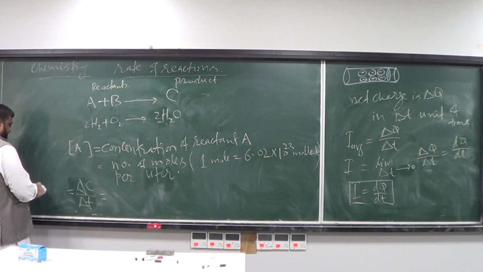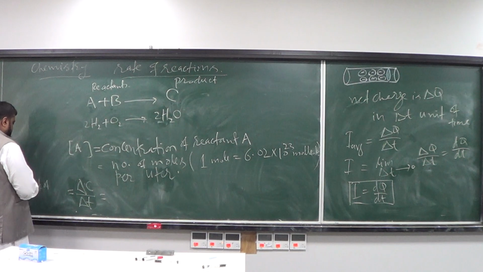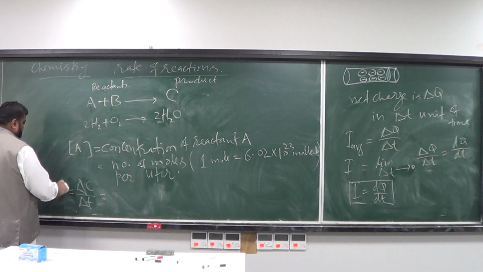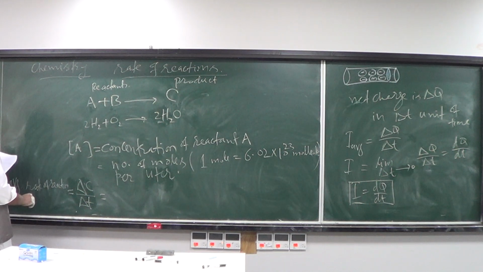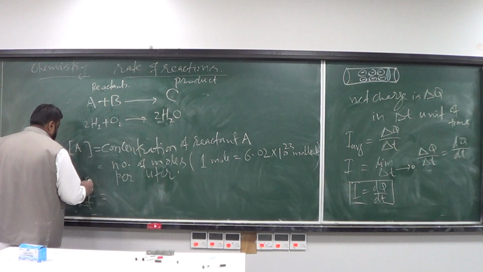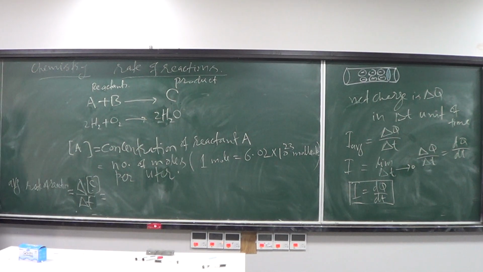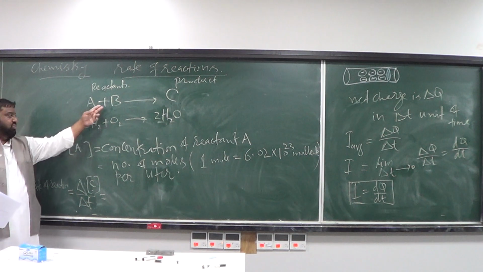You can say this is really the average rate of reaction. What is the average rate of reaction? The way the concentration of the product is changing over the time. So obviously C is going to increase and these two are going to decrease.